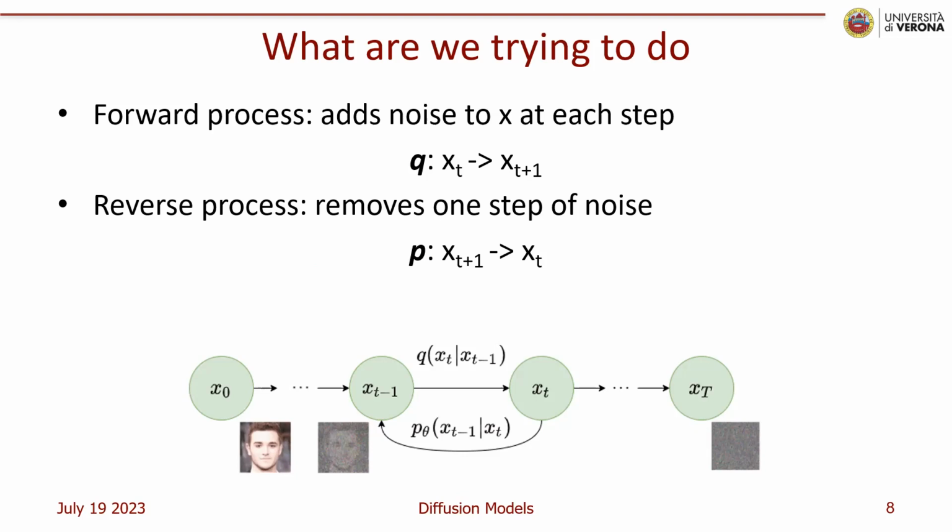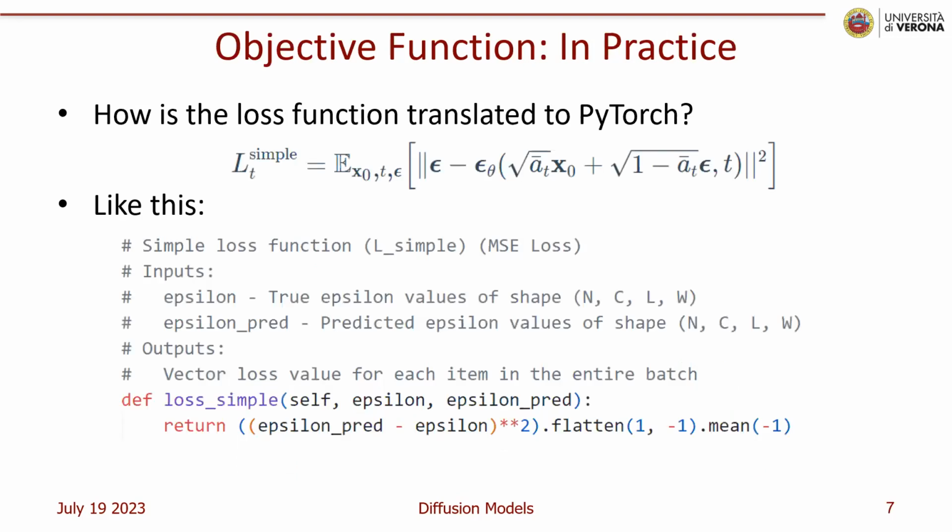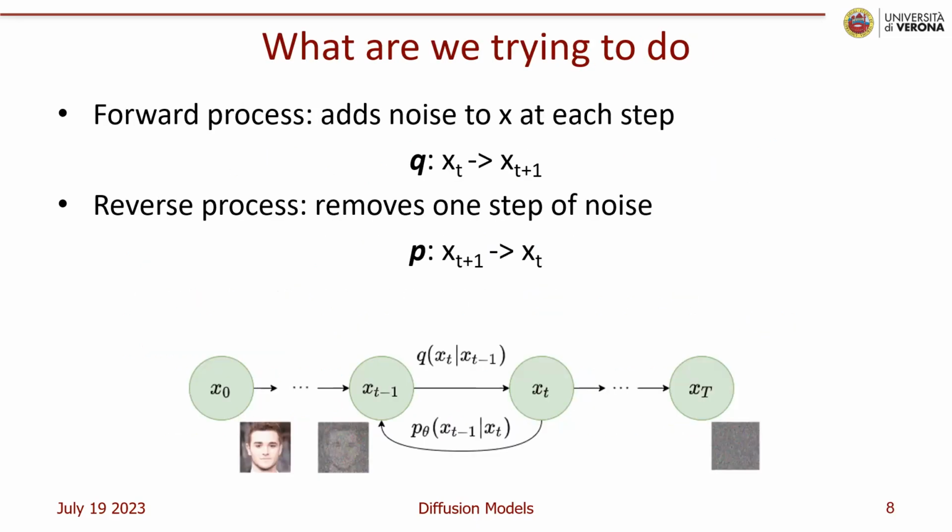So imagine that from xt minus 1 to xt, we add a random step of noise. What we're trying to predict with p theta of xt minus 1 given xt is the noise that we added in the forward step. So that's what we are trying to learn, and that's what this epsilon means. Epsilon as in noise, the random Gaussian noise that we are sampling. So this is what we're actually training, and this is our goal.